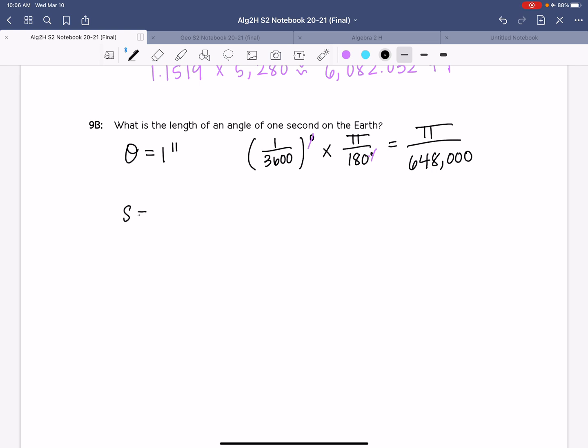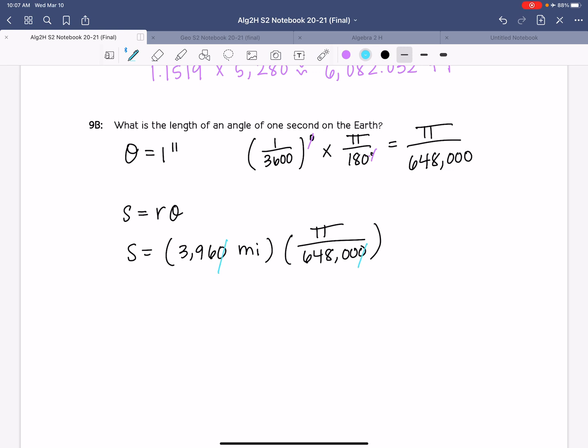Okay, so again, we're doing S equals R theta. So we're going to get S is equal to 3,960 miles times pi over this huge number, 648,000. Okay, simplify.